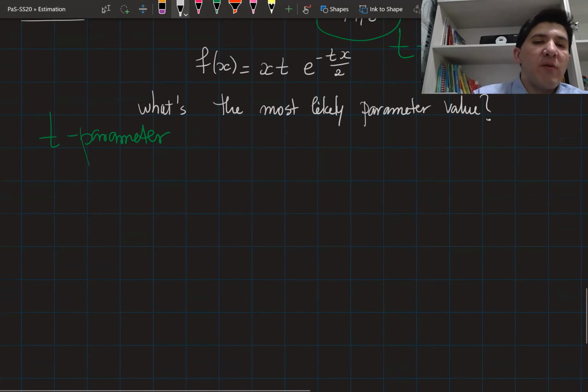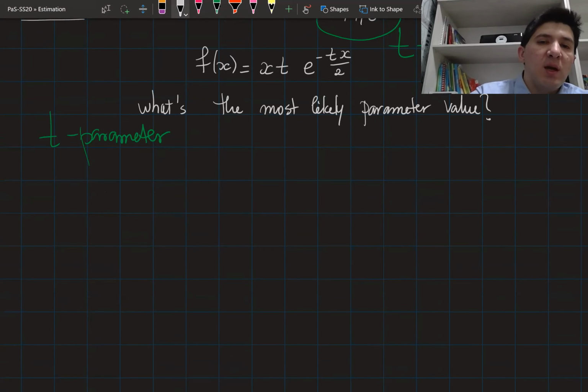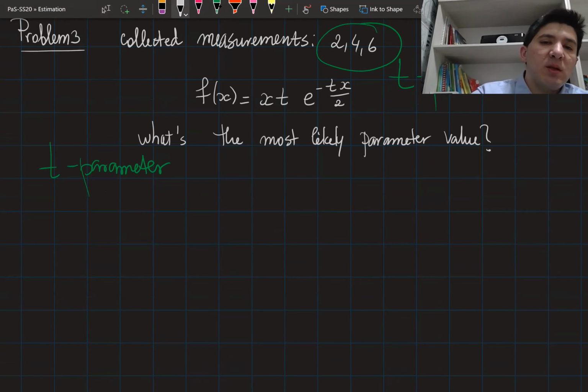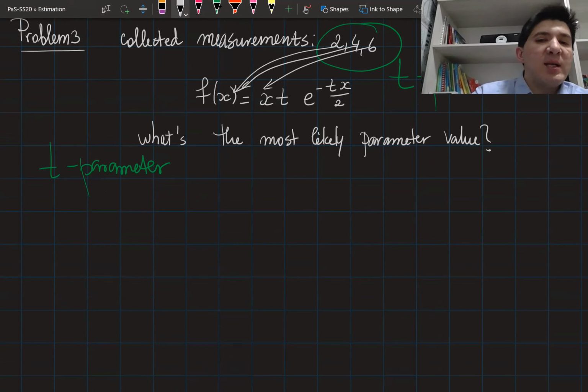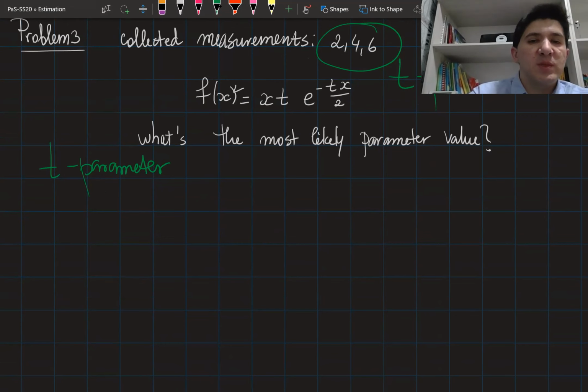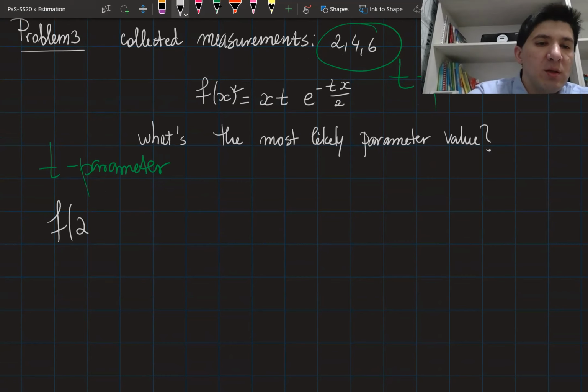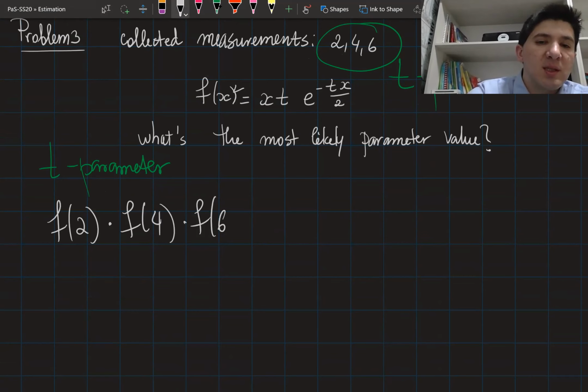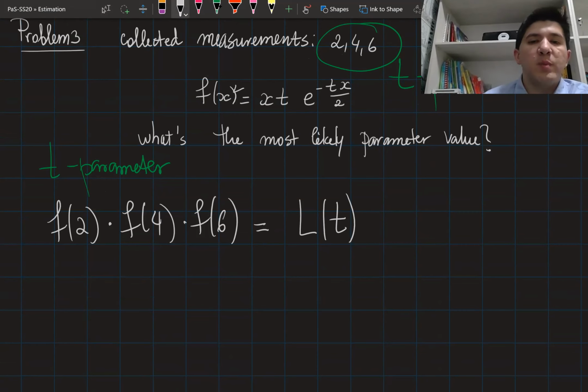Again, we just need to substitute, instead of x, 2, then 4, then 6. And I just need to multiply them since I need to get 2, 4, and 6, basically as a multiplication rule. So it's going to be f of 2 times f of 4 times f of 6, and it's going to be our likelihood function, which depends on the parameter t.